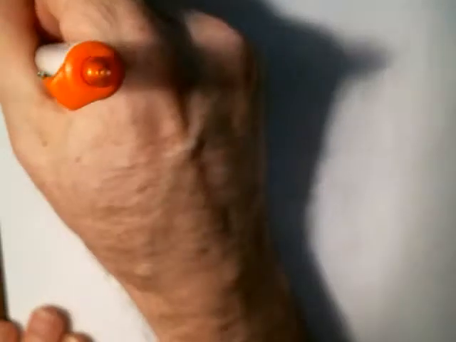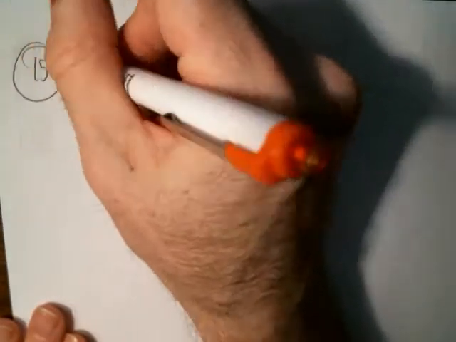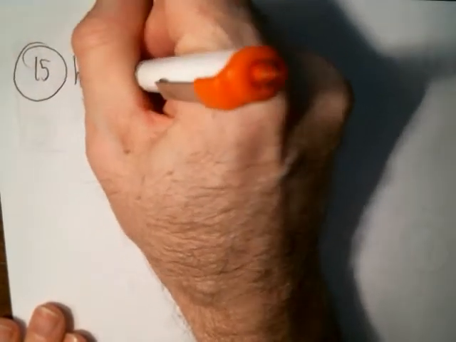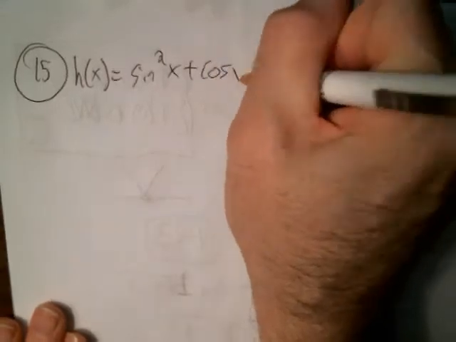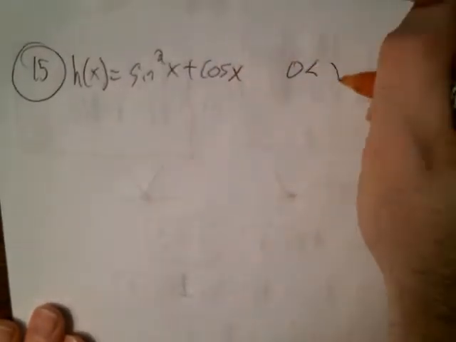Okay, let's look at a trig guy. So number 15, we have a trig function. h of x is equal to sine squared x plus cosine x on the interval from 0 to 2 pi.